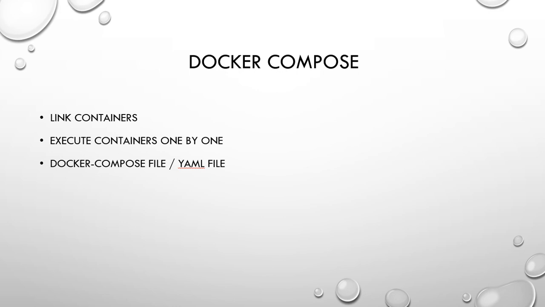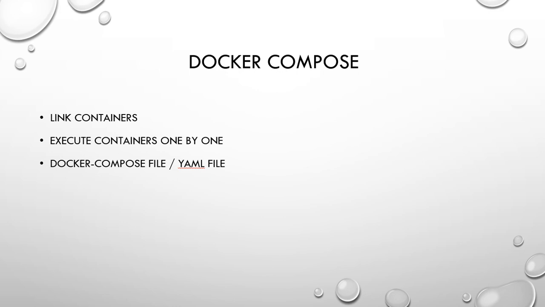With the help of this file, which is called the Docker compose file or YAML file, the purpose is to link multiple containers with one another, and these containers can be executed at once with a single command. We don't need to run the first container, then the second container, then the third container.